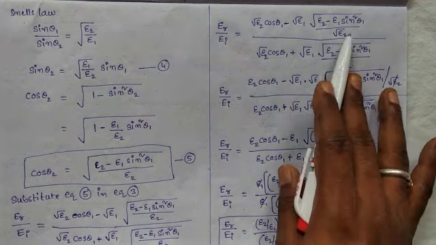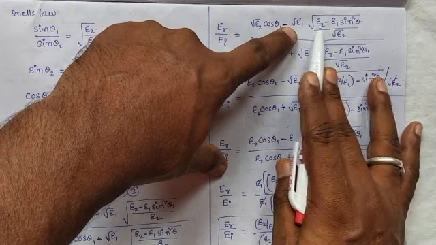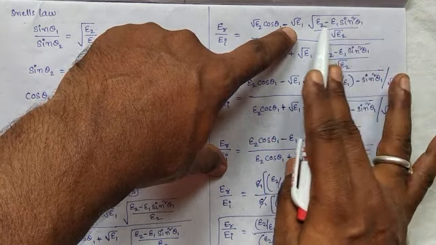Epsilon 2 cos theta 1 minus root epsilon 1. Here in the numerator we are taking root epsilon 1 common in these two terms. Here root epsilon 1 is common in this term: root of epsilon 2 by epsilon 1 minus sin square theta 1. Okay, similarly by root epsilon 2. In the denominator also the LCM is root epsilon 2.